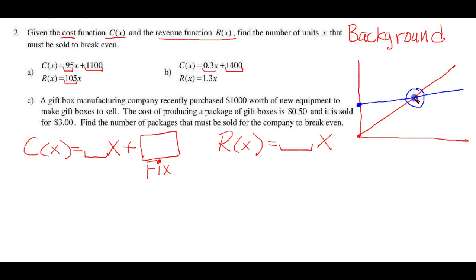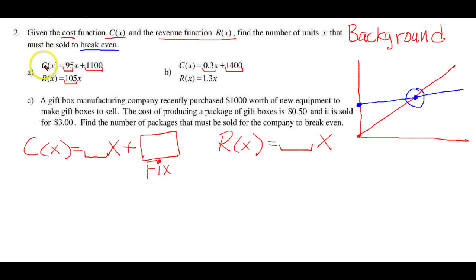Because at this point of intersection, by going above it, this is the area of profit. Okay? And we call this intersection the break-even point. And here are our equations to work on to see how many units we have to sell in order to break even.